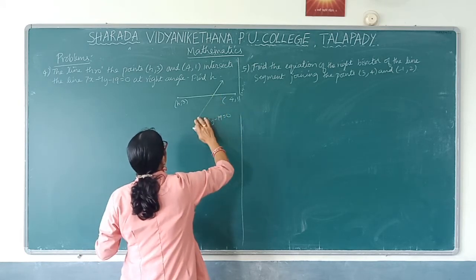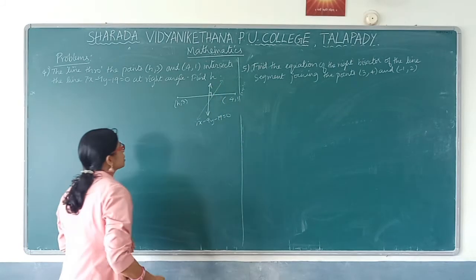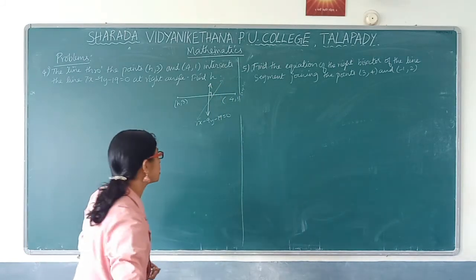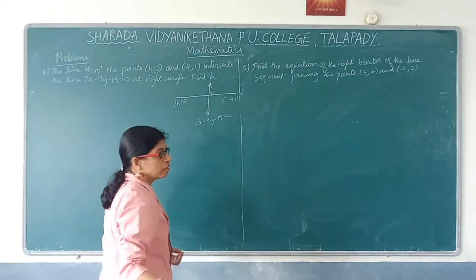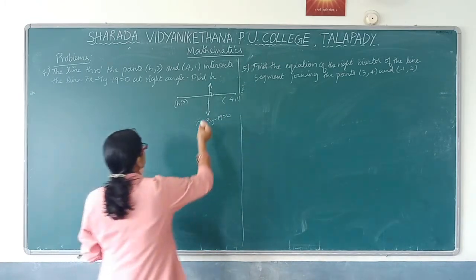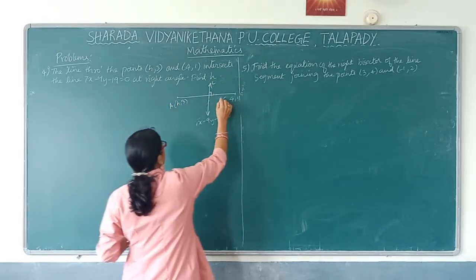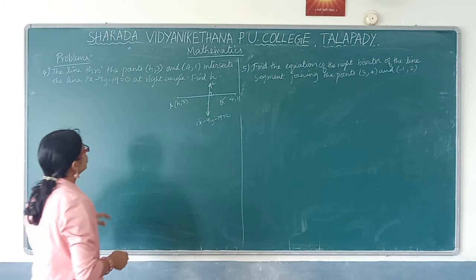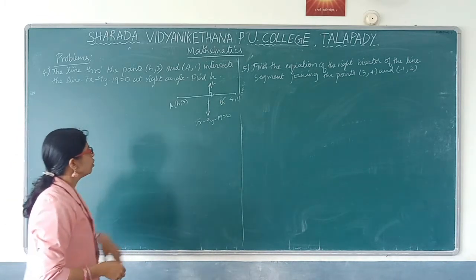They have given that this line intersects it at right angles, so I can't draw a slanted line. They have given that this line L intersects this line, suppose this is AB, at right angles. You have to find the value of h, the coordinate h.